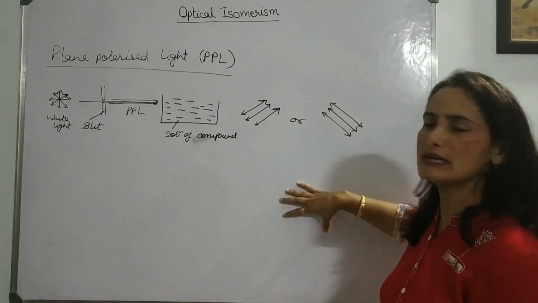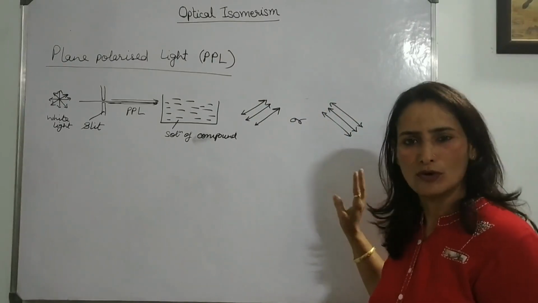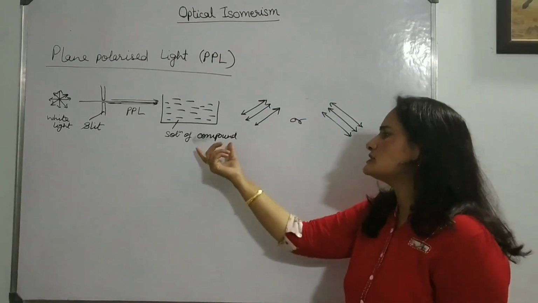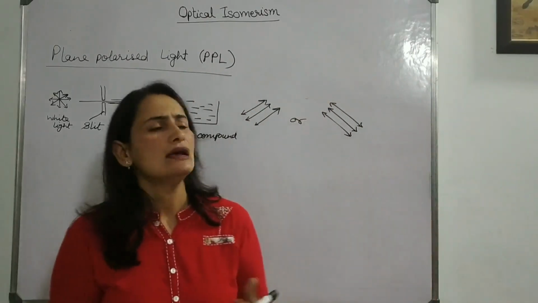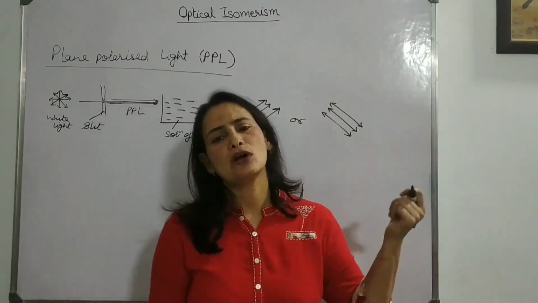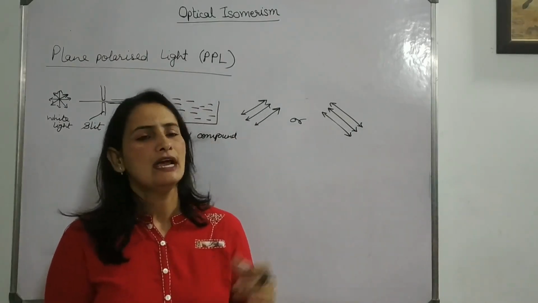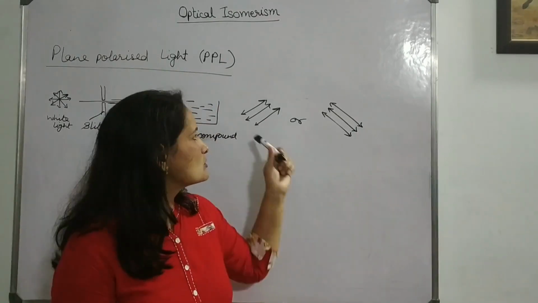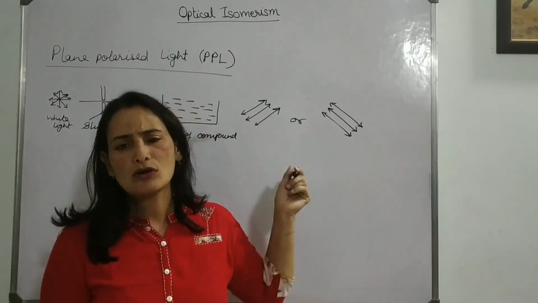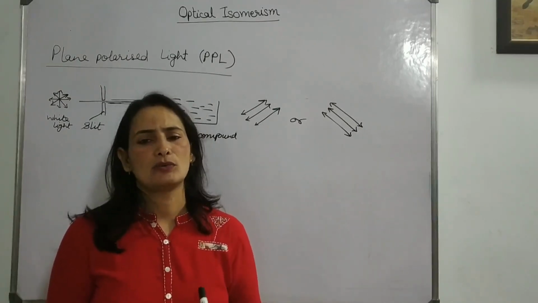If it rotates anti-clockwise, it is called the L isomer. Such a compound, which is capable of rotating the PPL either clockwise or anti-clockwise, is called an optically active compound, and it will always exist as two isomers. One isomer will rotate the PPL clockwise while the other rotates it anti-clockwise.